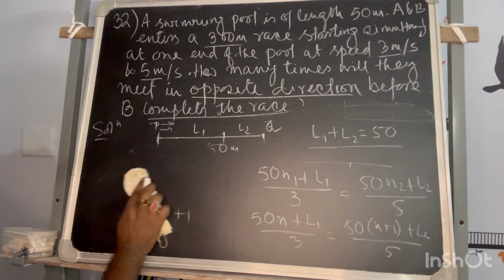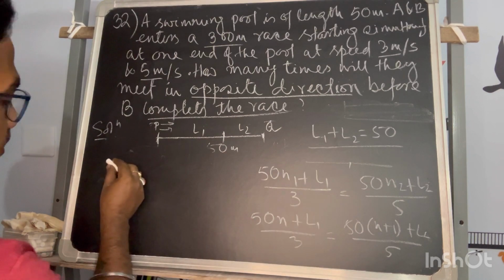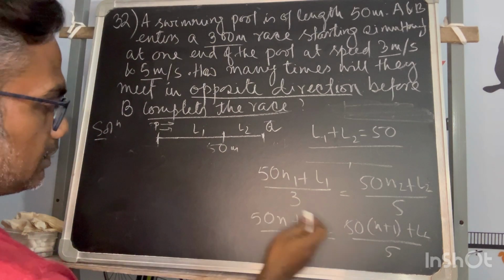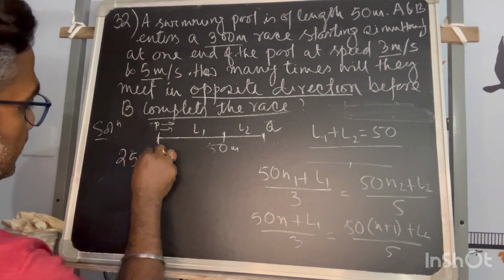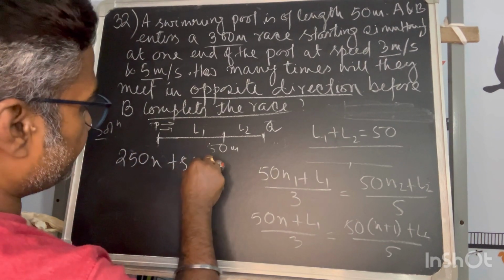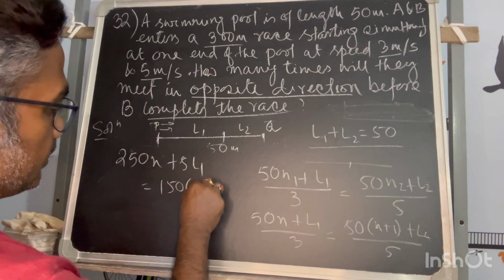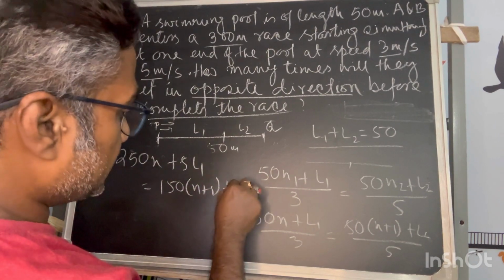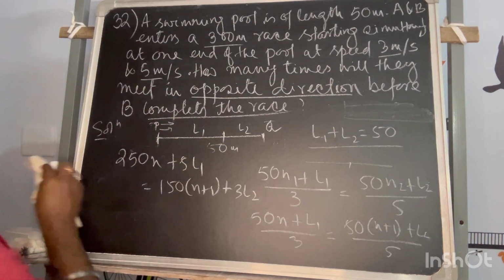Okay, now I am going mathematically, and that will satisfy logically also. Now I will simplify the equation. This is 250n plus 5 L1, equal to 150 into n plus 1 plus 3 L2. Fine.